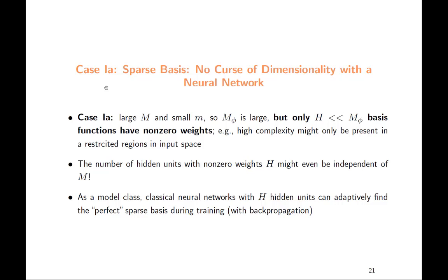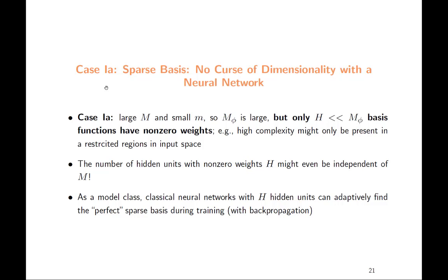So we have case one again, a large input and small smoothness. So M phi is very large. But in this situation, only a small part of these M phi's have non-zero weights.